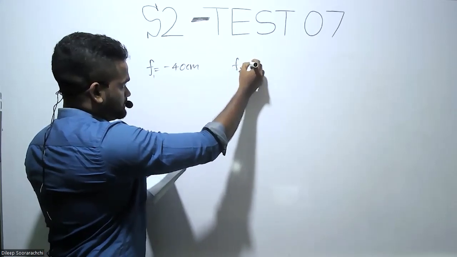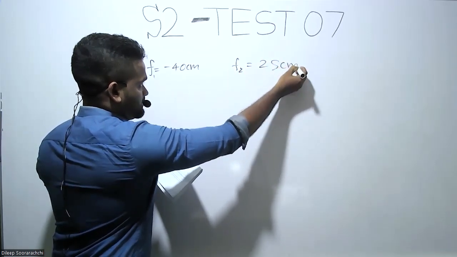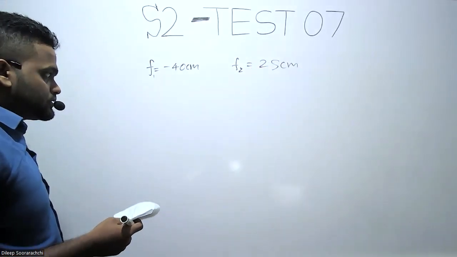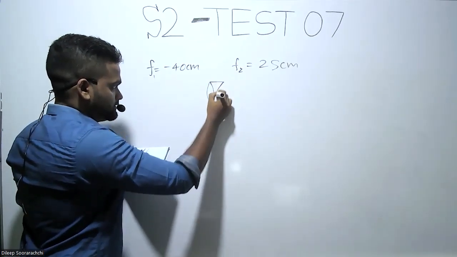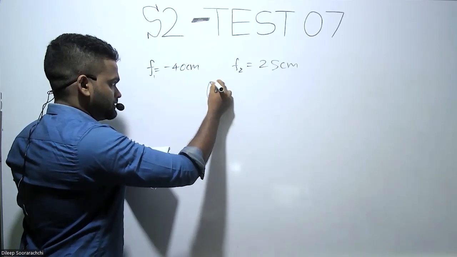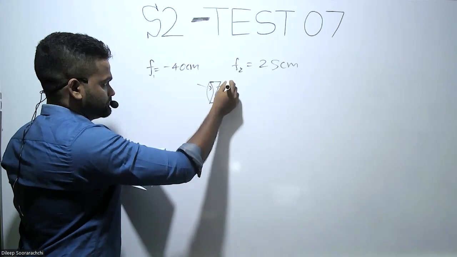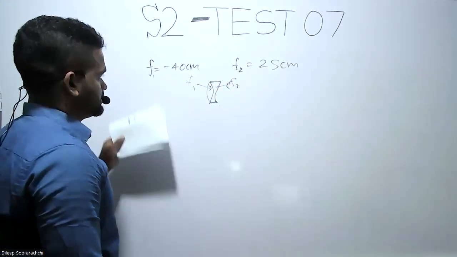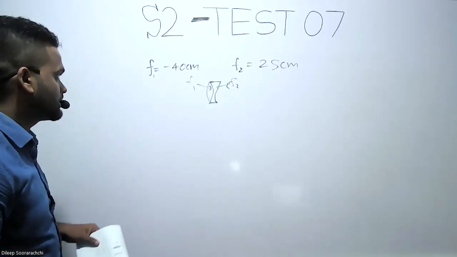The other one, a concave lens with 25 centimeters. So it is positive. The compound lenses are made like this, so they are together, like intact, like this. So what we have to do is to find the focal length of this compound lens, right?